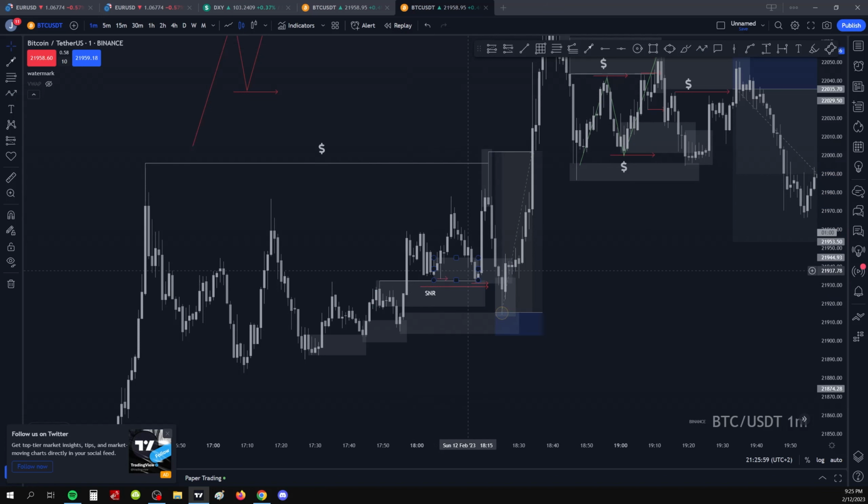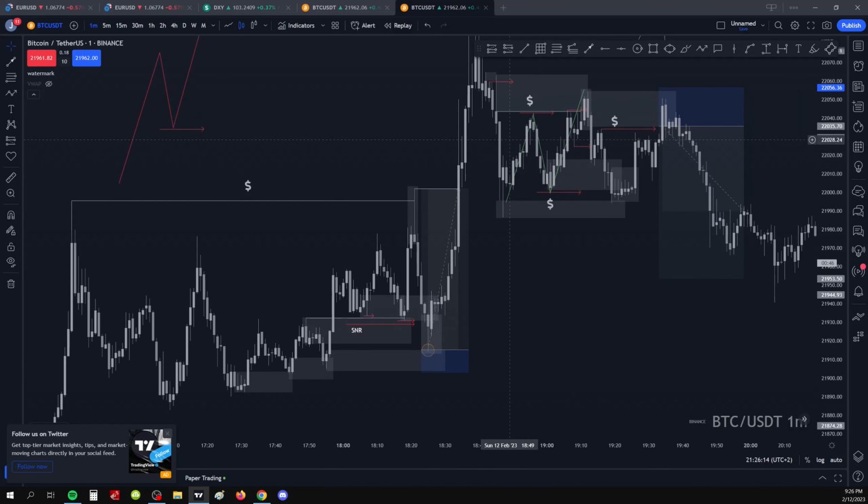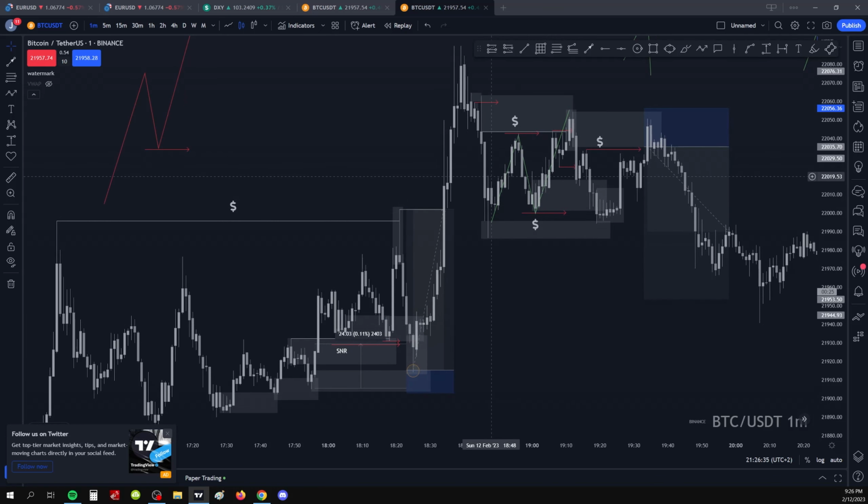Okay, and remember, whenever we take a long from an SNR zone, it automatically becomes the inducement, because also, why did it first go to here? Also, why can't it mitigate this in one move, the same as this? Because this move was very high up. There is so much space here that it needs to create additional liquidity. Same as here, there is so much space that it needs to create additional liquidity. This high and another this high.